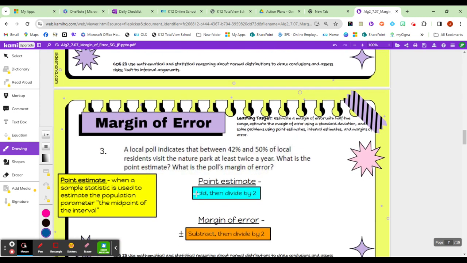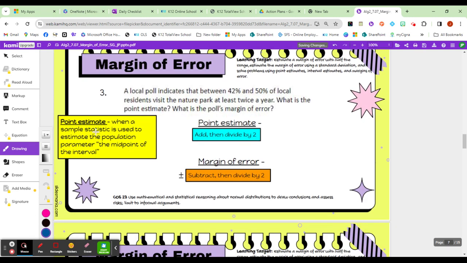So in the next problem, I've got point estimate defined in the yellow box. It says when a sample statistic is used to estimate the population, it is the midpoint or the middle of the interval.